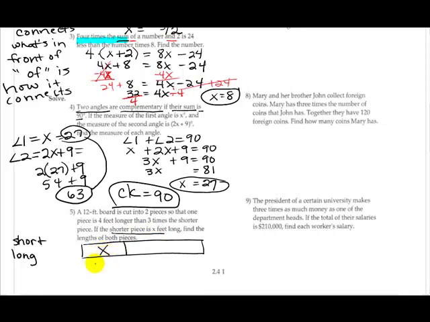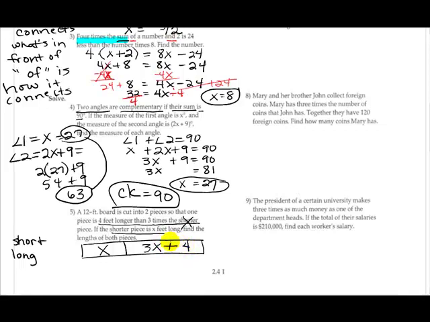So this is x. Then they tell us the other piece is, one piece is 4 feet longer than 3 times the shorter. Well, the shorter is x. So 3 times x. And when you have something that's longer, you add. So 4 feet longer would mean that we add 4 feet.